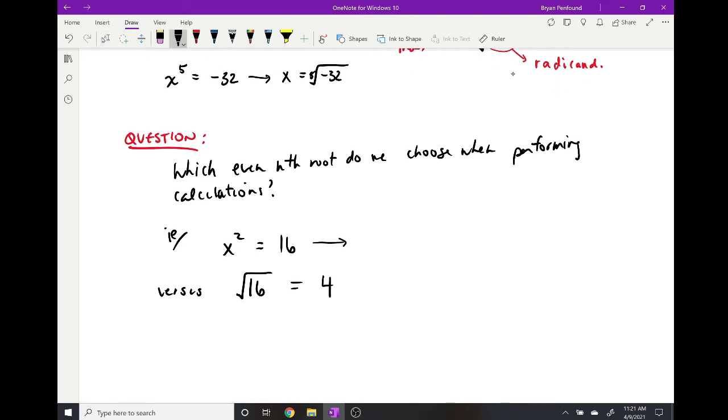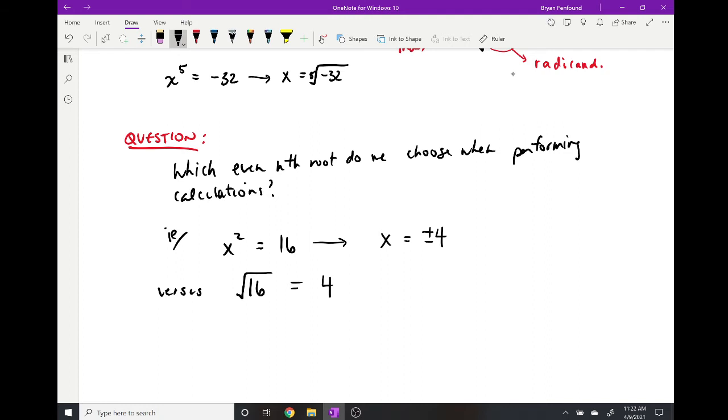But if I'm trying to solve an algebraic problem like x squared is equal to 16, technically there are two numbers that solve this problem. I could input positive 4 and get 4 times 4 is equal to 16. I also could input negative 4 and get negative 4 times negative 4 is equal to 16.